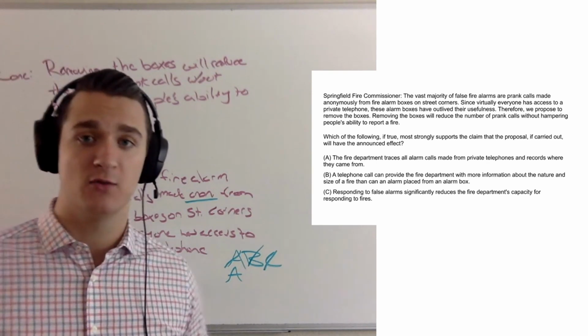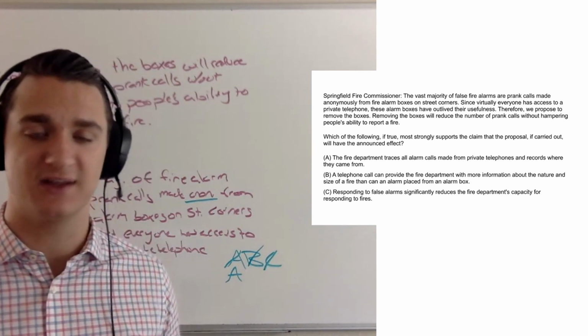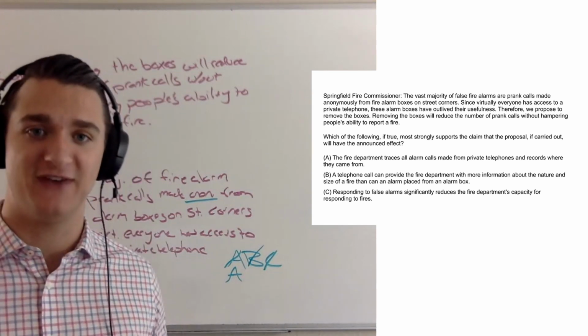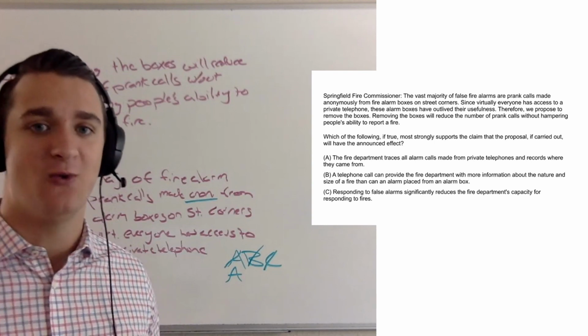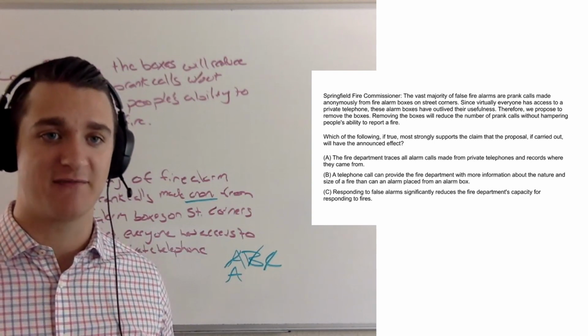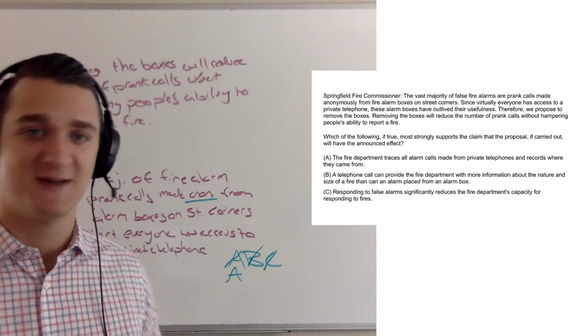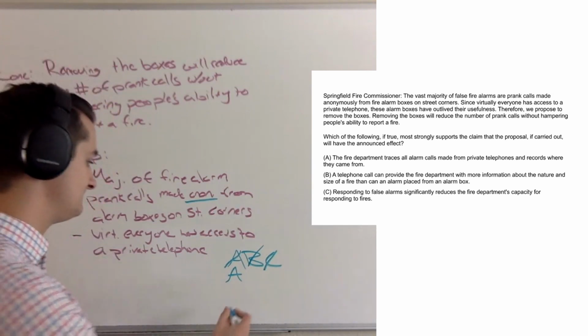Another advantage of the alarm boxes was that they were presumably near the fire, but if we can trace where the private telephone calls come from, that's also presumably near the fire. So for those reasons, A is the best answer choice here.